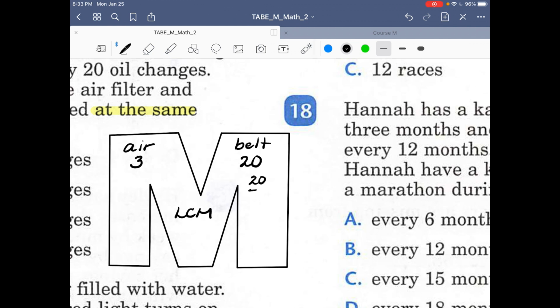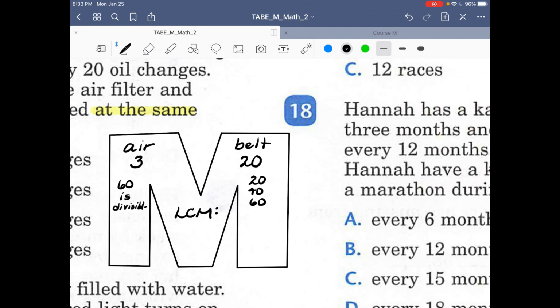20, 40, 60. I know that 3 will divide into 60. And I am not going to list all of those multiples. That would take me a good 2 minutes, and I won't ask you to sit through that. I know that 60 is divisible by 3.